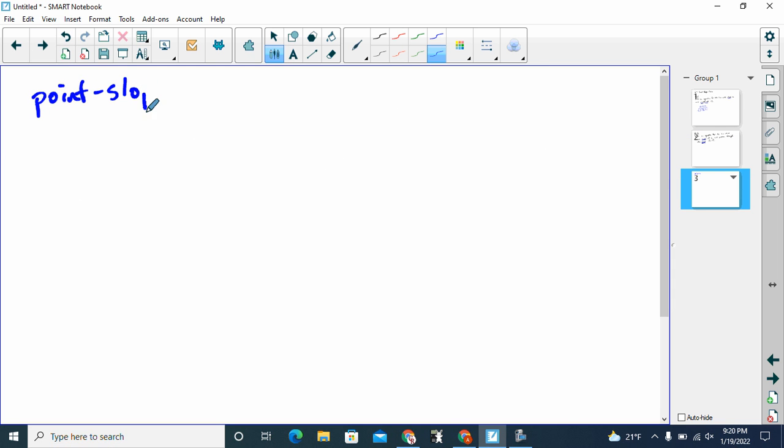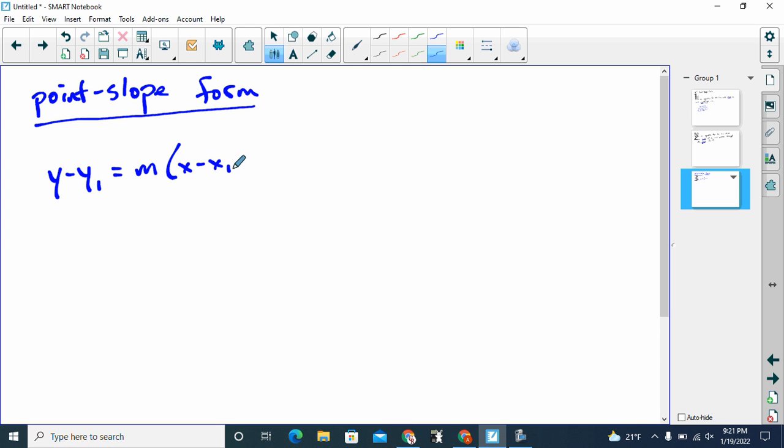But we need to talk a minute about what point slope form looks like. Point slope form. If I have a point and a slope instead of a y-intercept and a slope. So point slope form is y minus y sub 1 equals m times the quantity x minus x sub 1. Hopefully you recognize m.